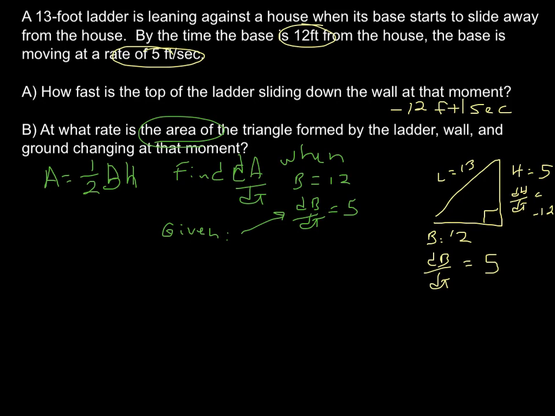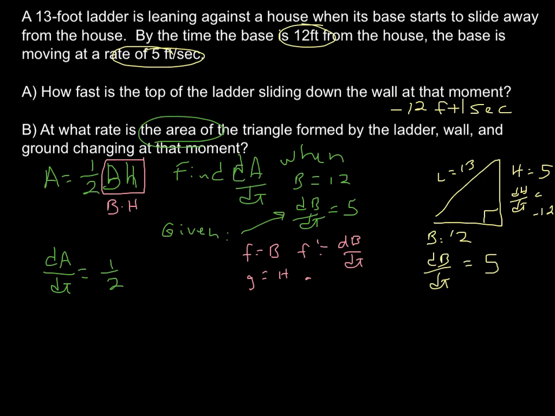So we take our derivative, both sides implicitly with respect to time. So dA/dt equals 1/2, and now you want to be very careful. This is a product, B times H. So we're going to use our product rule. If I let f be B, f prime will simply be dB/dt, and if I let g be H, g prime will be dH/dt, and then we just do our product rule where we're crisscrossing.